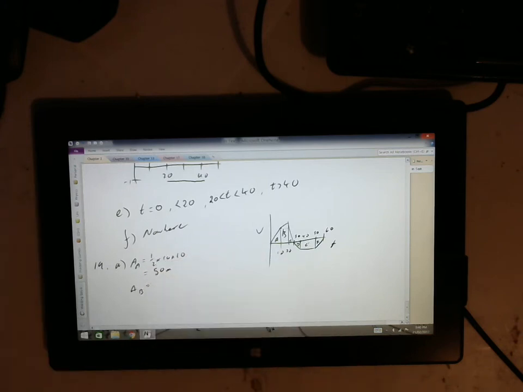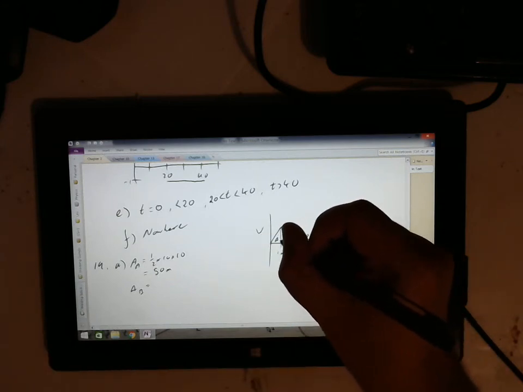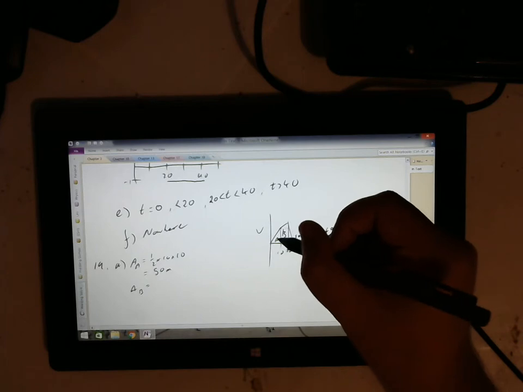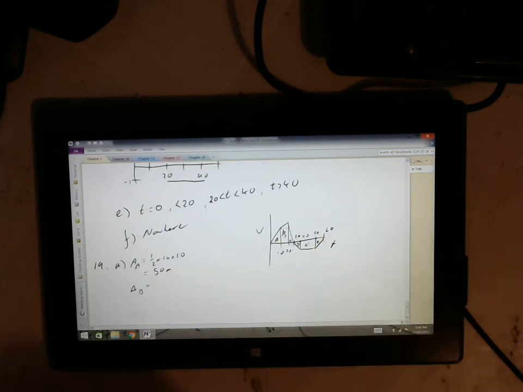Area of B. Now we can use the parallelogram rule. Parallelogram rule is where you go half the height. In this case the height is from this side to this side across the parallelogram, and then you add the two, the long side and the short side together.